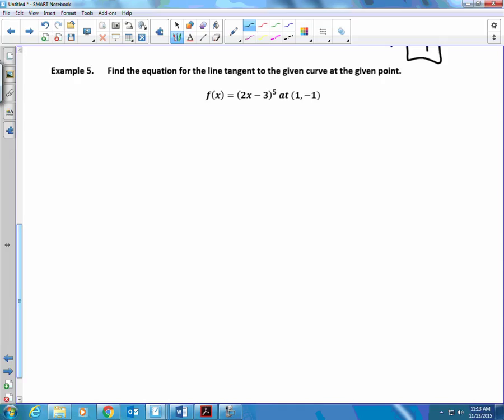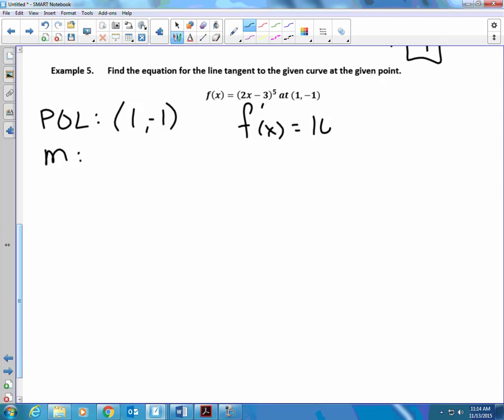Last example. Back to our old problem we started with. Given an equation, or find an equation for a line tangent to the curve at a given point, we need two things: point on line and slope. Do we know the point on the line? 1, -1. How do we find the slope? Take the derivative. What's the derivative of the inside? 2. What's the derivative of the outside? 5u to the 4th.